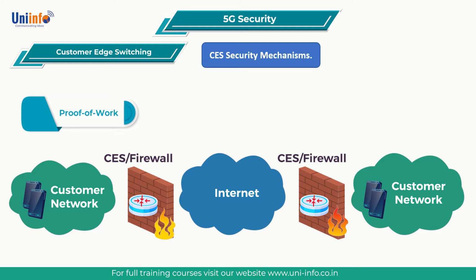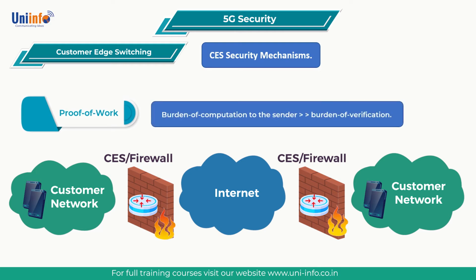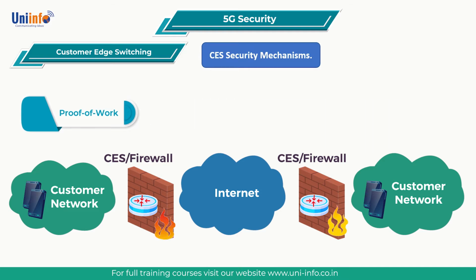The use of this mechanism in network level policy negotiation pushes the burden of communication to the sender, since the burden of computation on the sender is way more than the burden of verification on the receiver. In addition, the elimination of spoofing due to this mechanism contributes to sender identification together with the CES authentication mechanism.